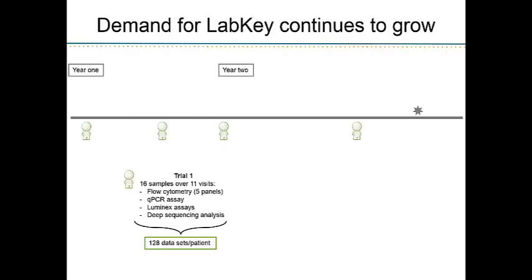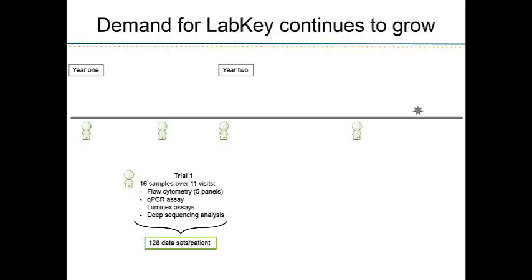As our program is beginning to grow, our demand for LabKey is also growing. So we started a year and a half ago in June 2013, and the little star there represents us today. Our first patient was enrolled the first week that I started at Children's, and we've gotten 3 more from that first trial since then.